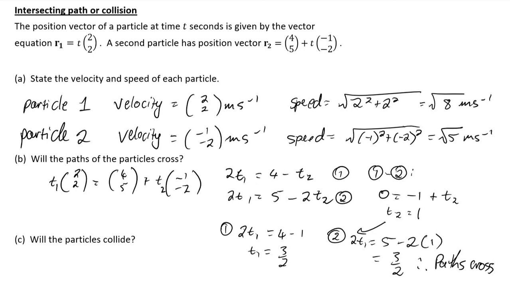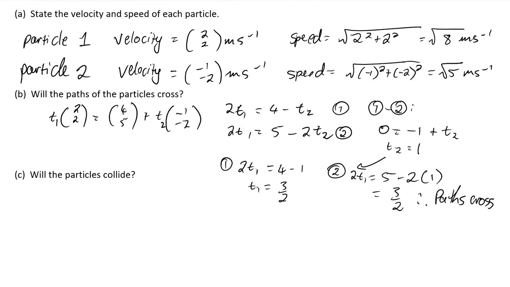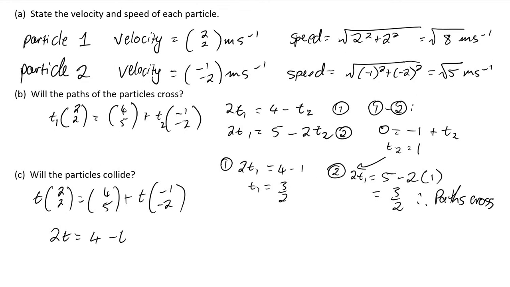Okay, there is a parameter for each equation where the position vector will be the same, and we could work that out. The paths may cross at different times. So there may be a point at which the paths cross, but there may not be a time. To determine whether there is a time that they cross, we go back to t being the same. Okay, the assumption that the particles begin moving at the same time. And if we then look at solving that for each component, then at 4/3 of a second, the I components will be the same.